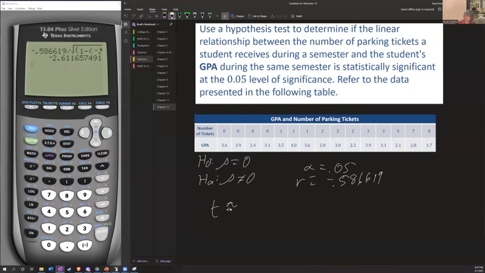And I get that T is approximately negative 2.612. Okay.